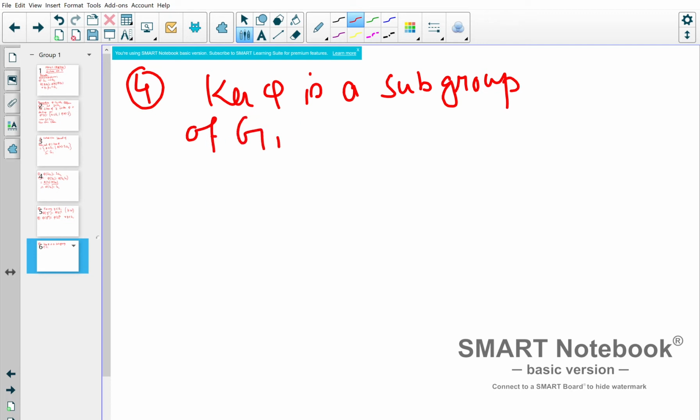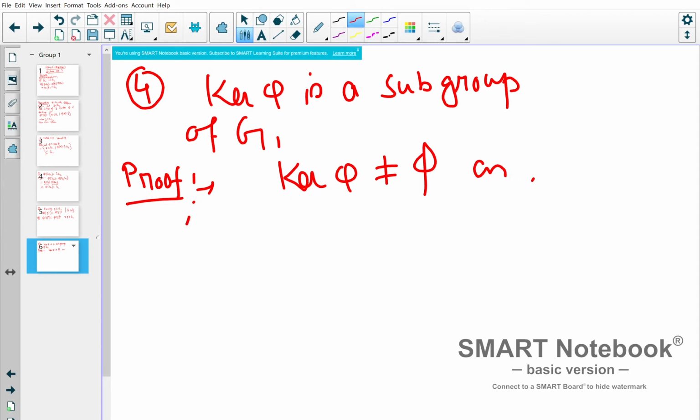How to prove this statement? First of all, this kernel of phi is non-empty, as the identity of G1 is inside the kernel. Identity always maps to identity, so it is a non-empty set.